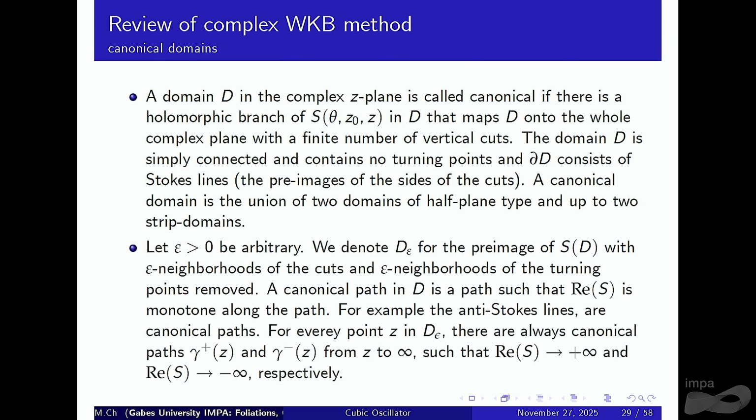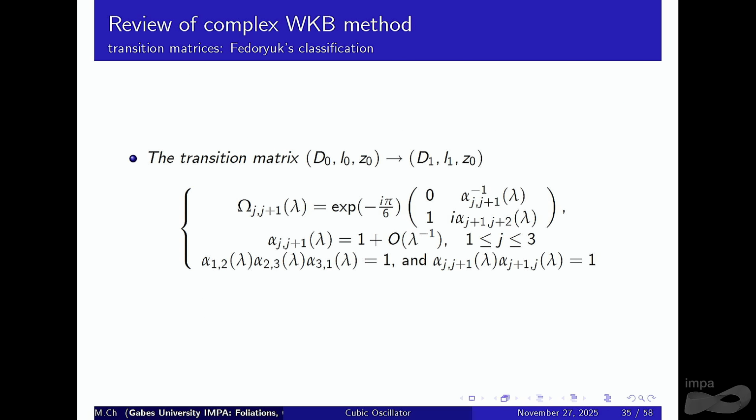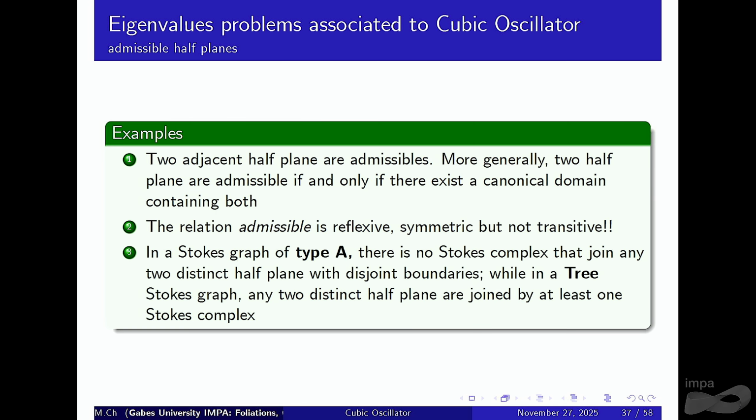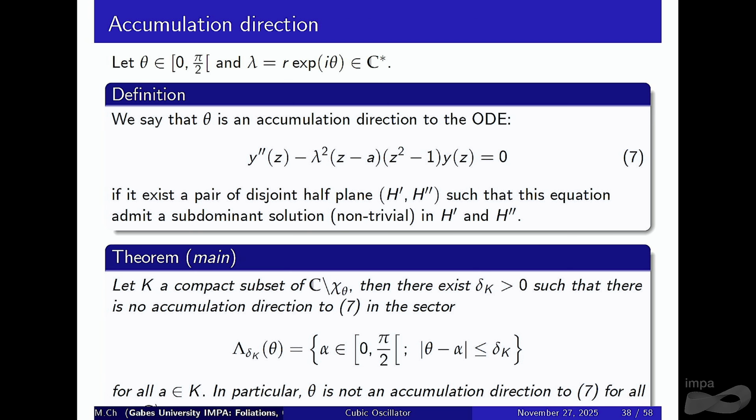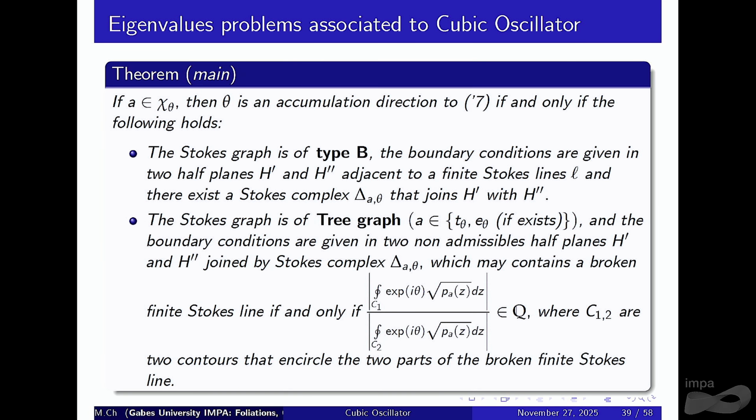So going on. Under this condition we have no accumulation direction, and under this condition, if the Stokes graph is of type A or a tree graph, we have an accumulation direction.